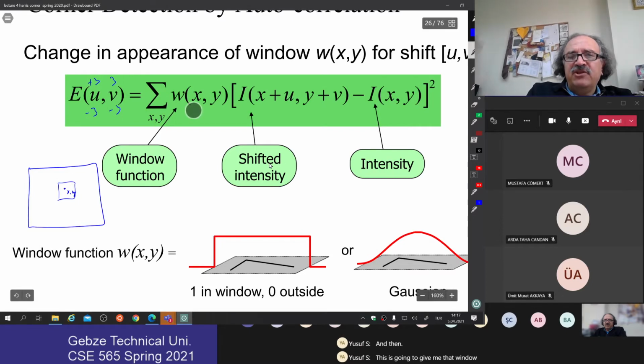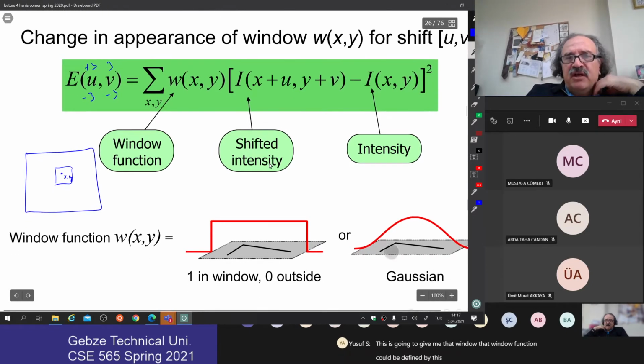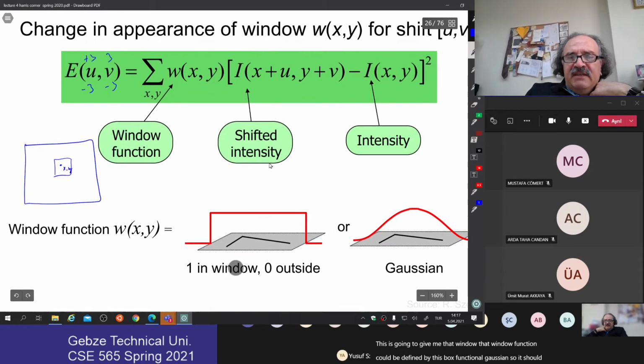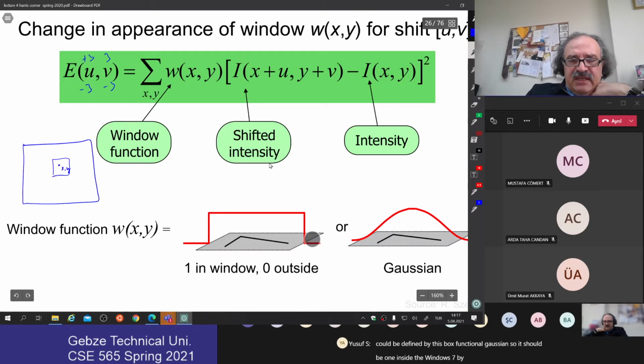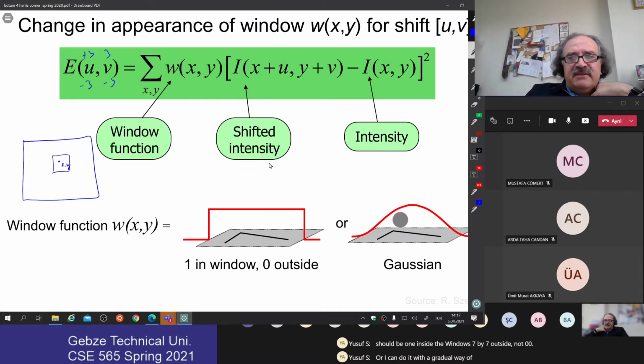That window function could be defined by this box function or the Gaussian. So it should be 1 inside the 7 by 7 window, outside, not 0. Or I can do it with a gradual way of selecting the pixels.